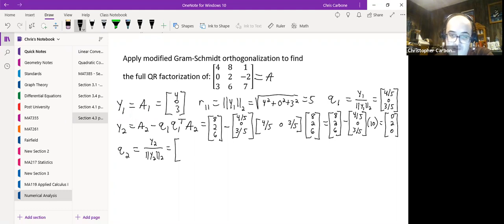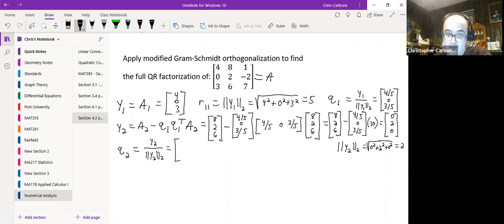Since we had a value of only 2 and a bunch of zeros, the norm of y sub 2 is just the square root of 0 squared plus 2 squared plus 0 squared, which gives just 2.